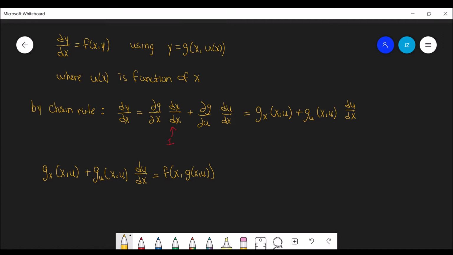If we solve this for du/dx, then du/dx becomes a form capital F of x comma u.